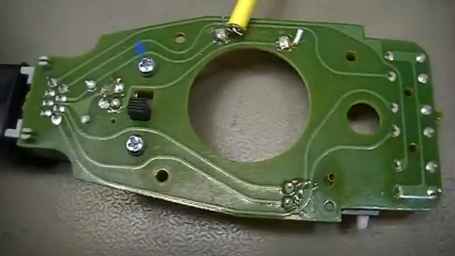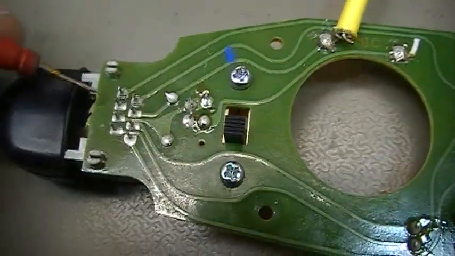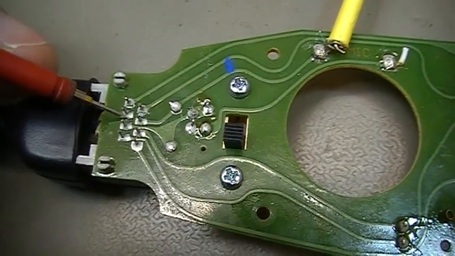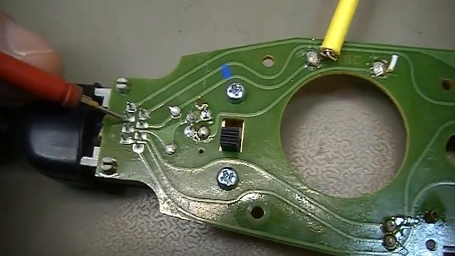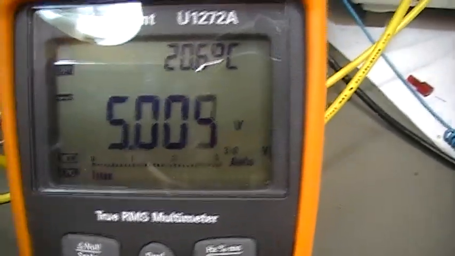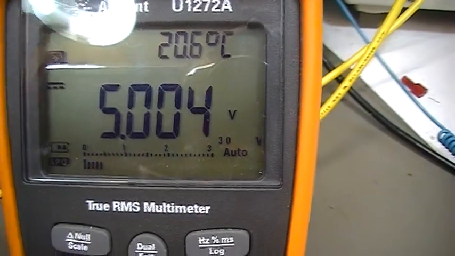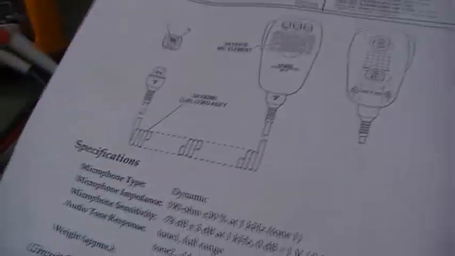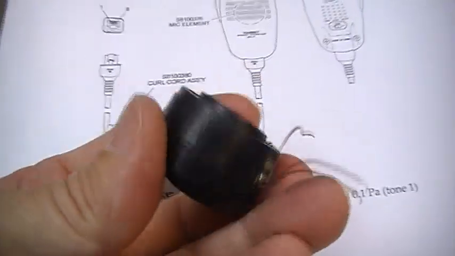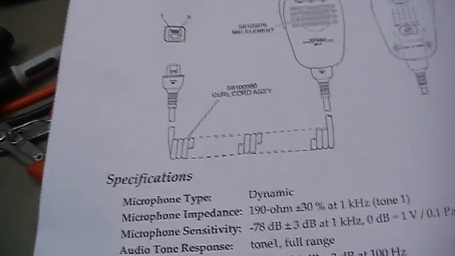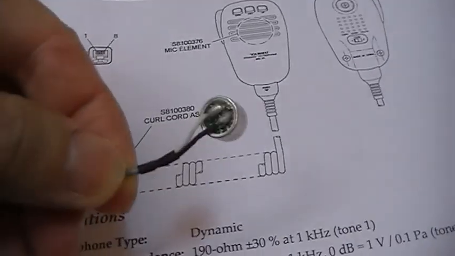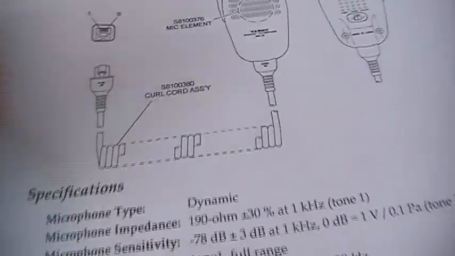So that is our supply voltage for our electret capsule. So now it is much easier to replace the faulty dynamic by a nice electret capsule.